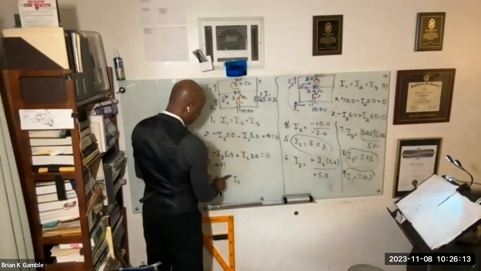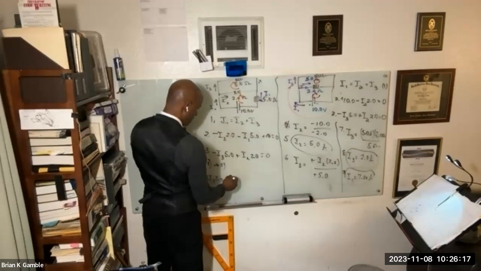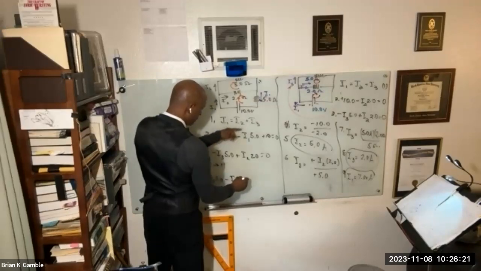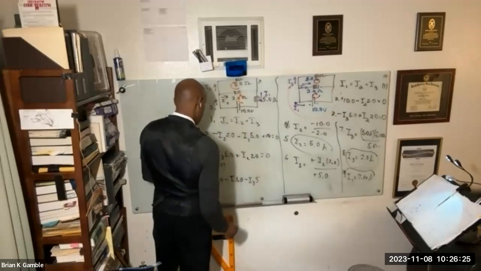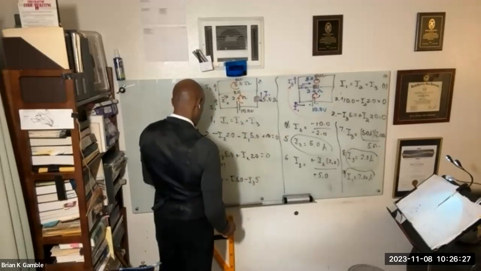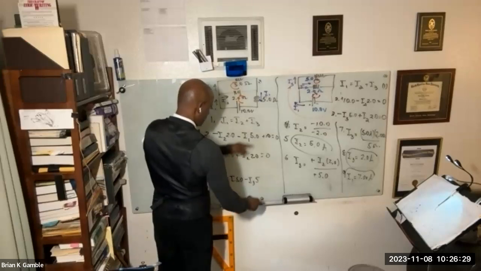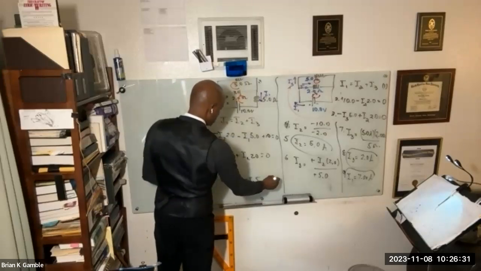So that would be a minus I2 times 5, and then a minus I3 times 5, and then a plus 10 equals 0.